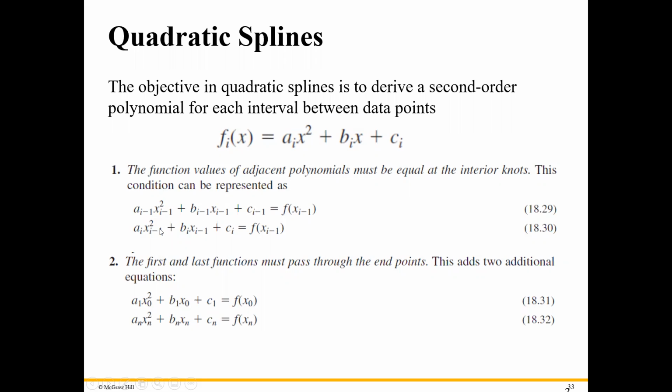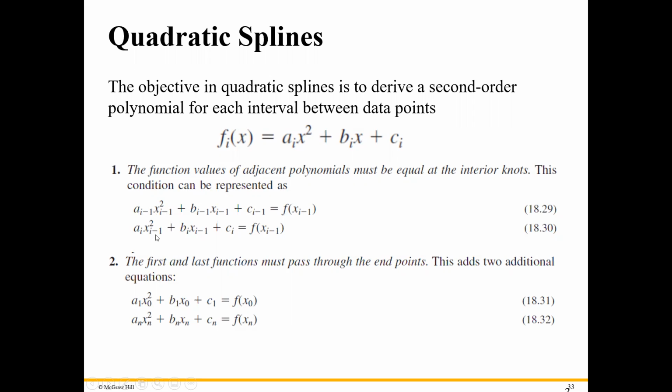Okay, and the other one is the next term over here. So for these terms, if we have the data point as x i minus 1, their coefficients for the previous terms will be a i minus 1, b i minus 1, c i minus 1. But the common data point is x i minus 1.